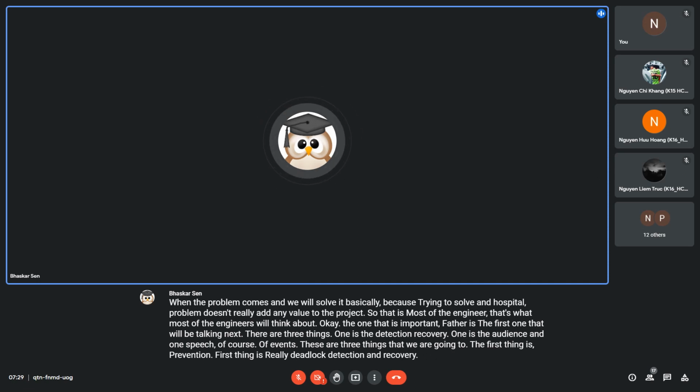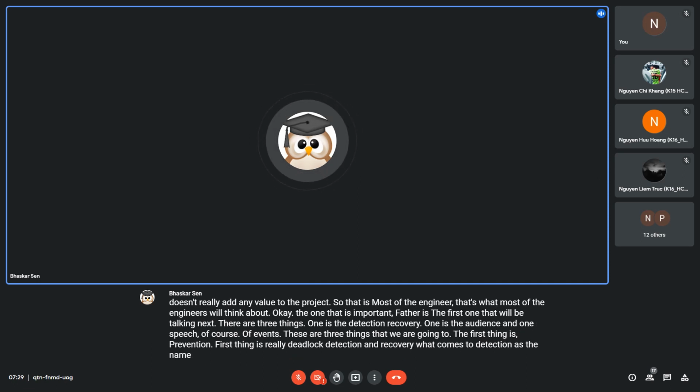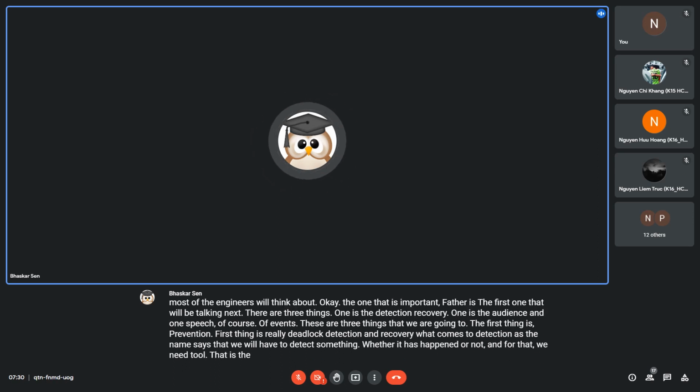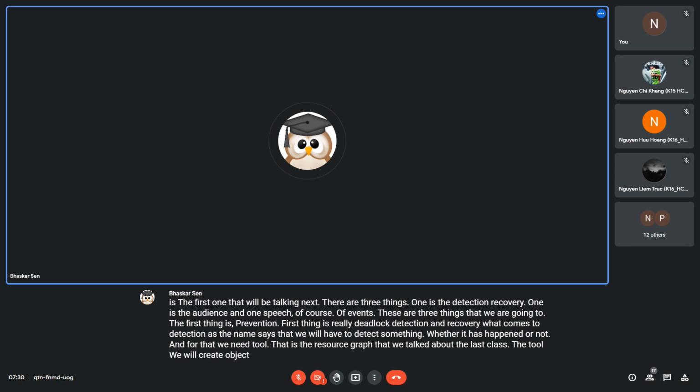When it comes to detection, as the name suggests, we will have to detect whether something has happened or not. And for that, we need a tool, that is the resource graph that we talked about in the last class. In the tool, we will create a deadlock model.